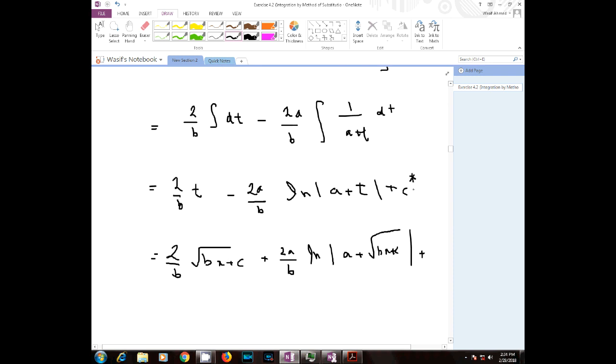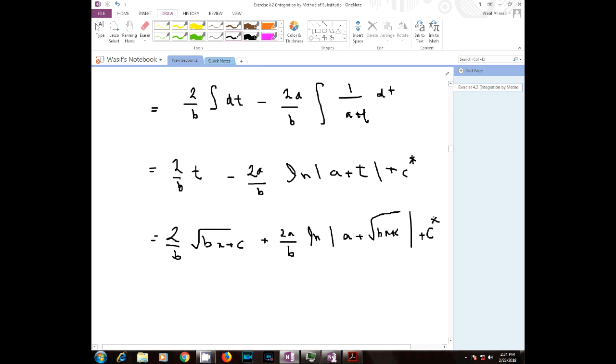Since c is already occupied, therefore the constant of integration can be named as c static. So this would be the answer of your question.